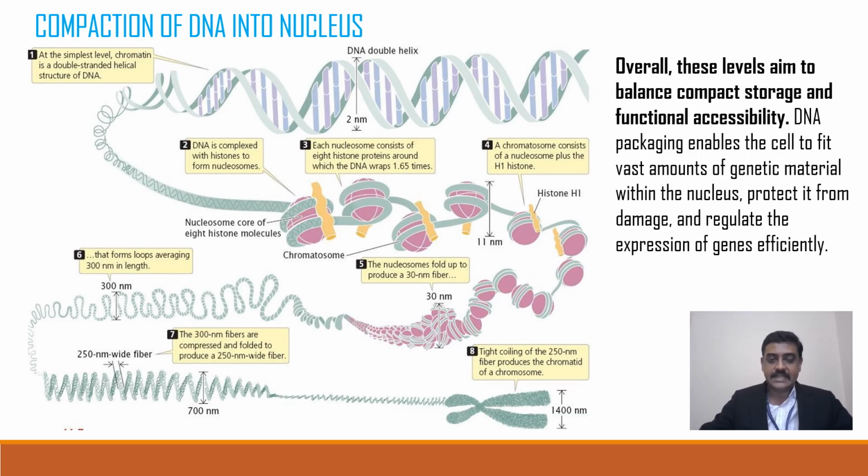It must be fascinating for you to understand how a 2 meter long length of DNA is compacted and packed within a small region of 6 micrometers of the nucleus. As you can observe, the DNA double helix, which is 2 nanometers in size, is folded and wound around the histone octamer units and held together by the linker H1 histone protein components.